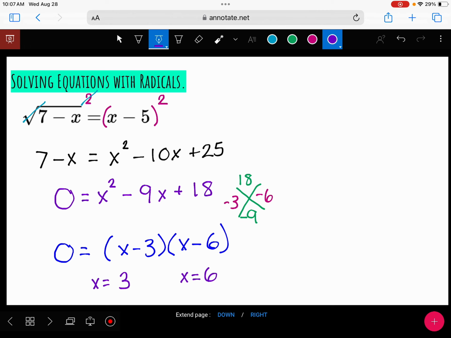But all I really care about is, am I getting negatives in weird places? So with the 6, we're going to have a positive here and a positive here. No worries, we'll be good there. But with the 3, I get a 4 here and a negative 2. Is it okay for my square root to equal a negative?